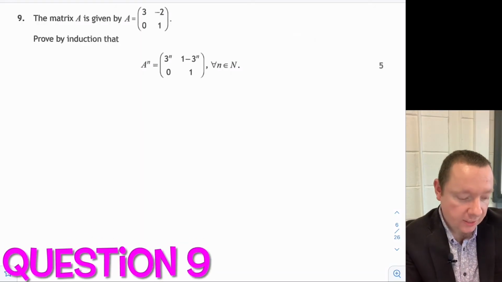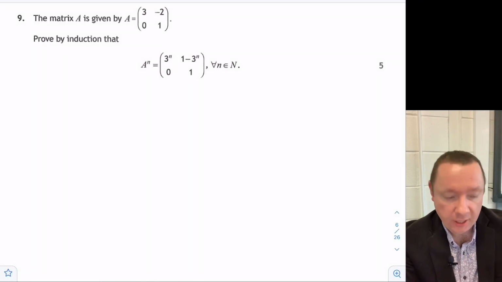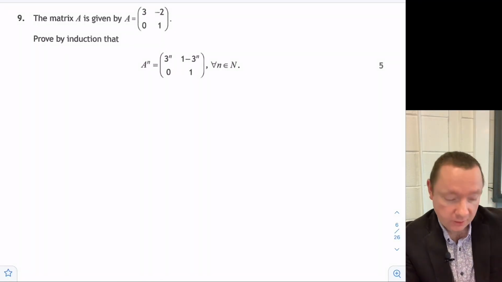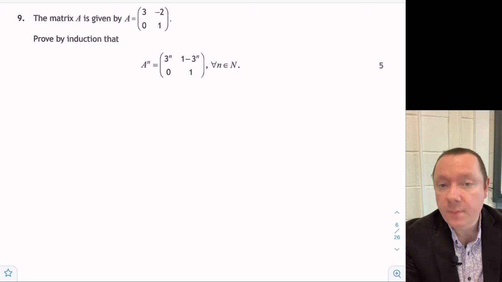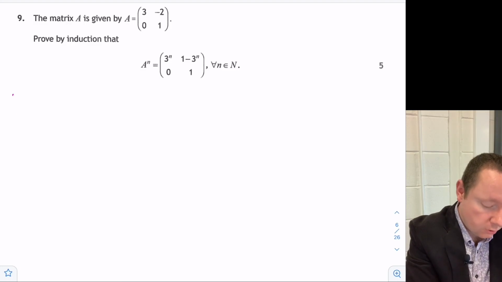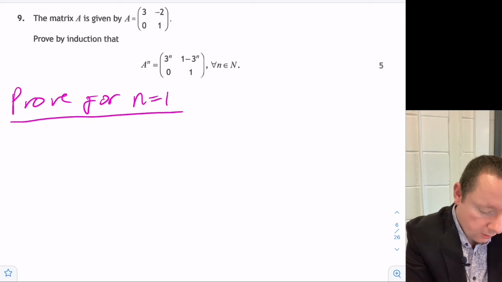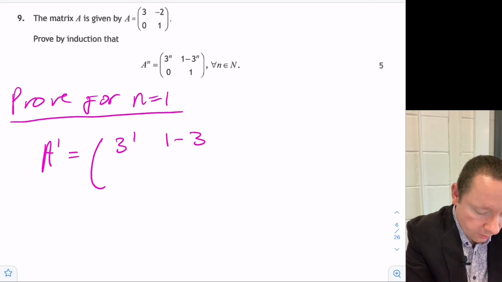Question 9 says the matrix A is given by 3 minus 2, 0, 1. Prove by induction that A to the n is 3 to the n, 1 minus 3 to the n, 0, 1 for all n a member of the natural numbers. So this is proof by induction, so let's prove for n equal to 1. If n equals 1, A to the 1 would be 3 to the 1, 1 minus 3 to the 1, 0, 1.